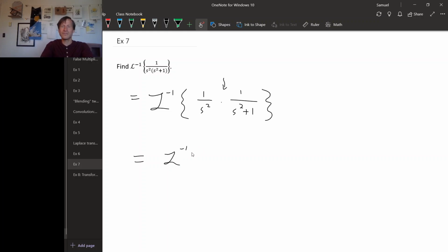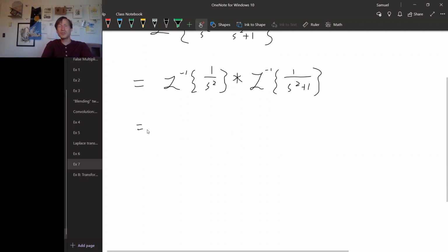So this is the inverse transform of 1 over s squared convolved with the inverse transform of 1 over s squared plus 1. All right, and fortunately both of these we know. The inverse transform of 1 over s squared is t, and the inverse transform of 1 over s squared plus 1 is sine t.